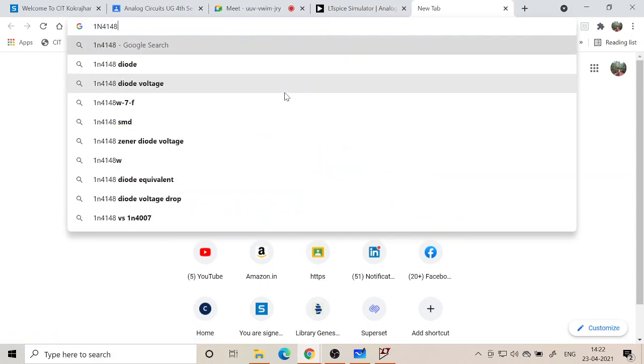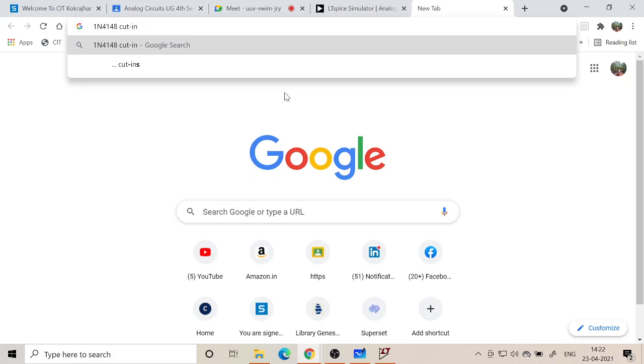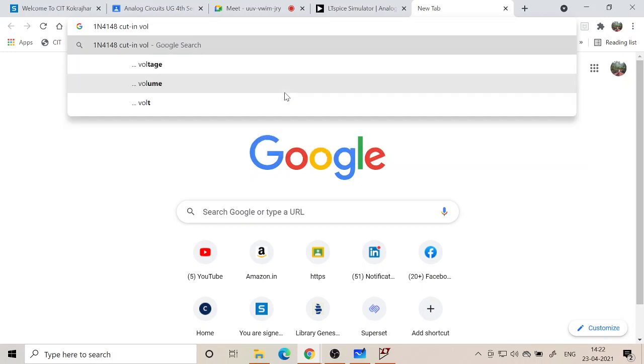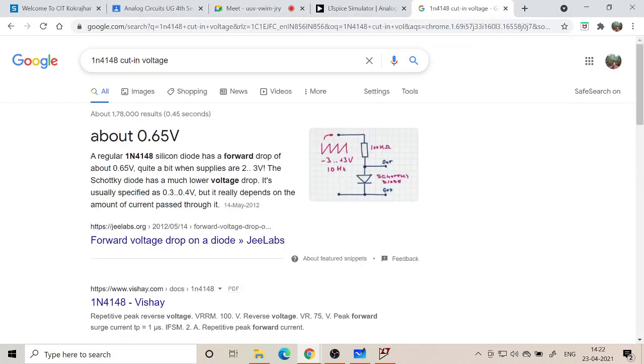You Google its cut-in voltage. It should give you, yeah. See, what we have calculated is 0.55, right? So this is the cut-in voltage for the 4148.